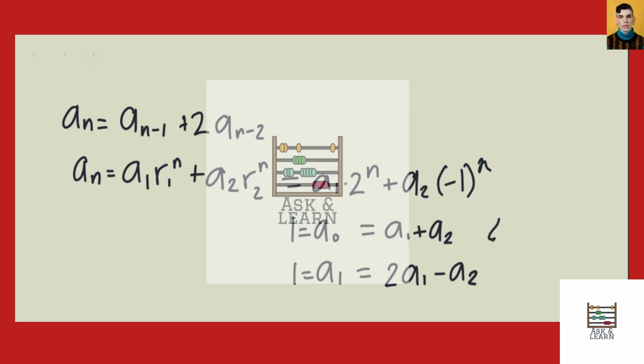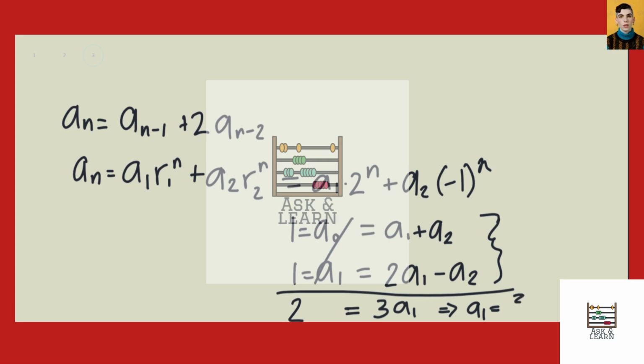So if we add these together, we'll get 2 on this side, is equal to 3 times alpha_1, which implies that alpha_1 is equal to 2/3.